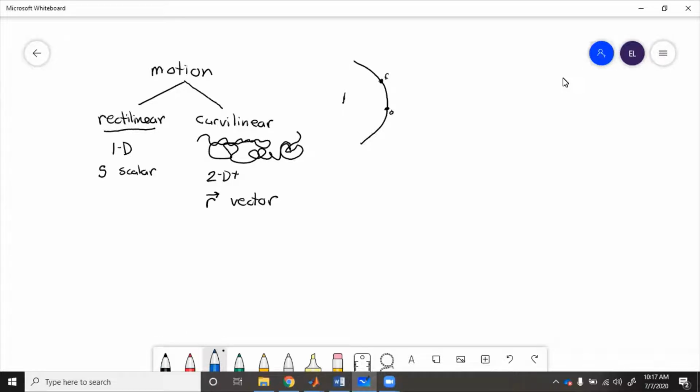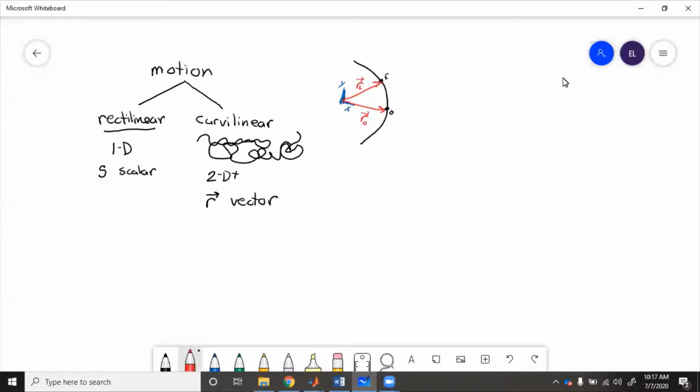So if we say our coordinate frame is here, y, x, then our vector, so this is our initial, and then this vector is our final.